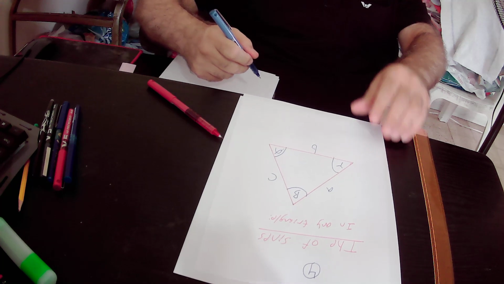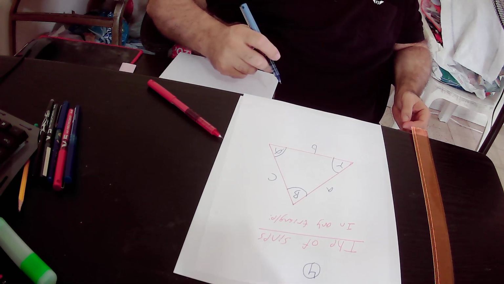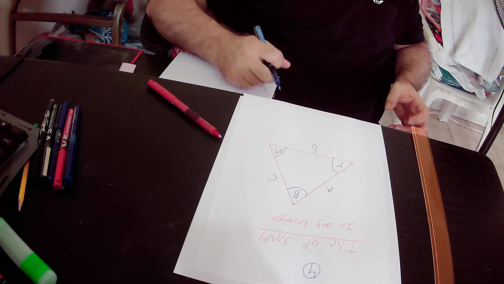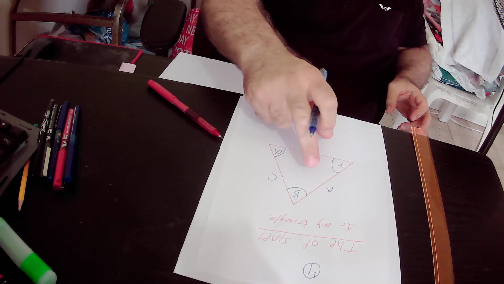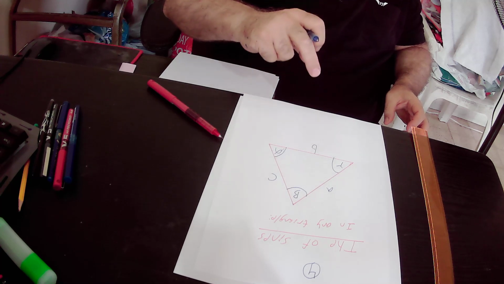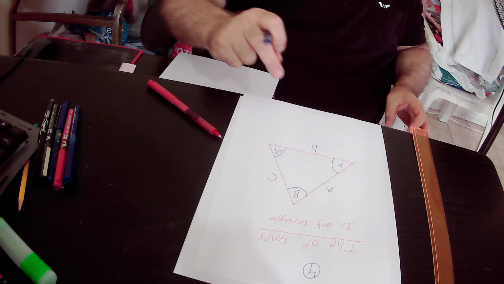Then, according to the law of sines, the following relationship exists between the sides of the triangle and the angles of the triangle.